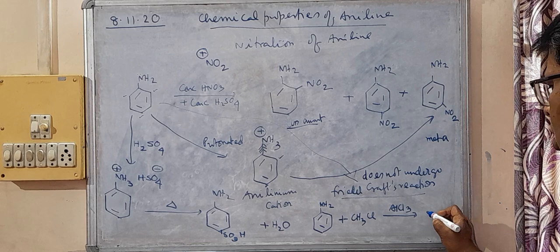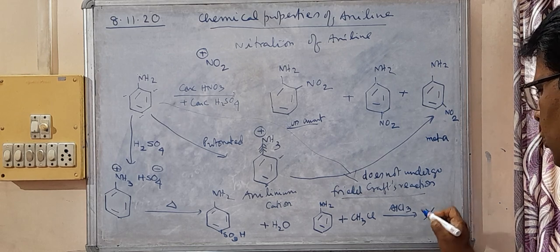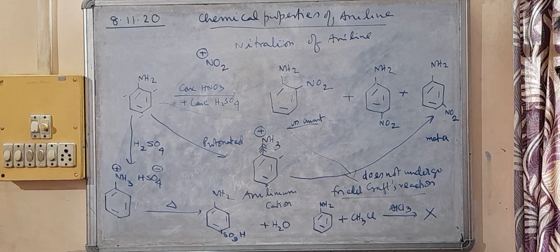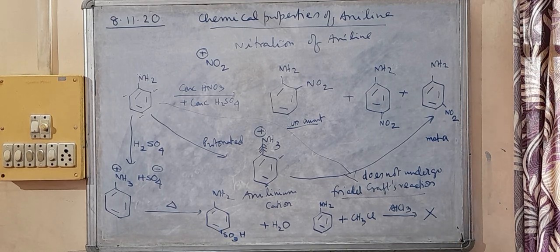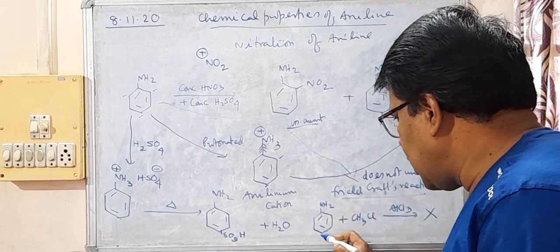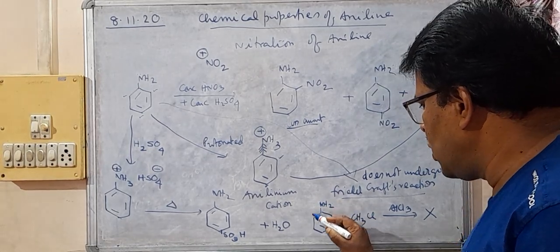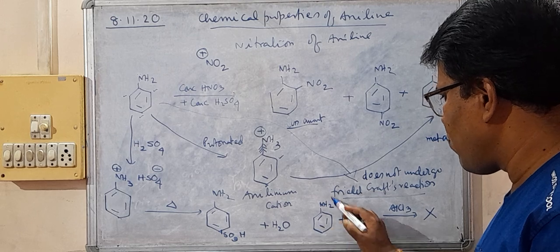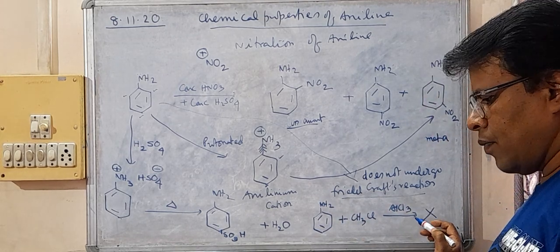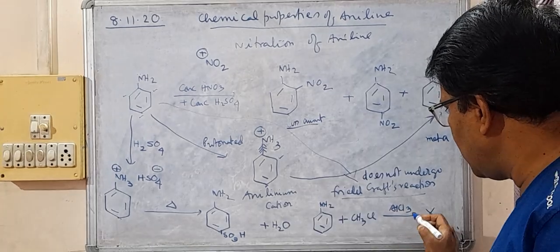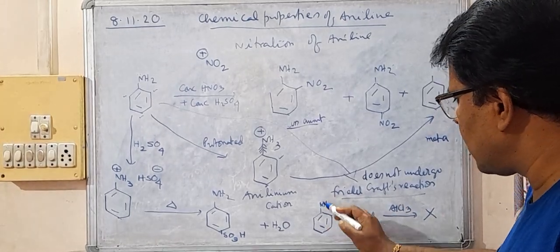So here there does not occur any reaction. No reaction. So what is the reason here? The reason is that since aniline is a Lewis base, and AlCl3 is a Lewis acid, this is a Lewis base.